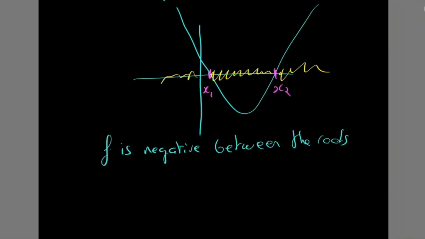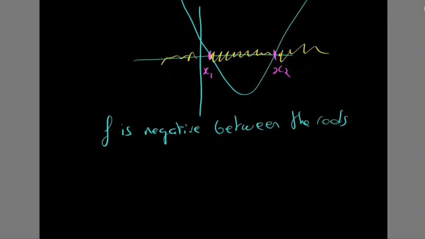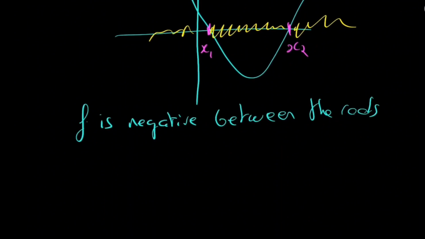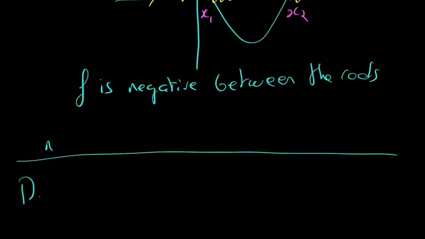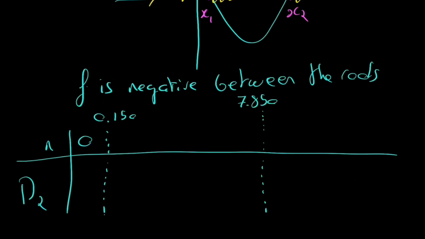And so let's use it in a little table of truths. We've got n, we've got d2, starting at 0. Now we've got a special thing because there is a change of sign in 0.150, then another one in 7.850.